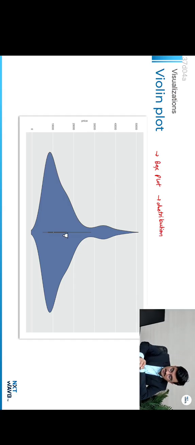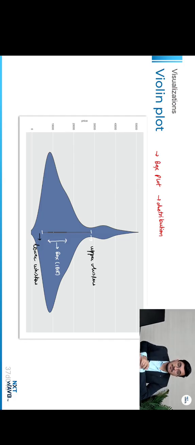So if you see in the middle around this area, this represents the box or IQR, while this value and this value represent the upper and lower whiskers of our data. So instead of looking at box plots and distribution plots separately, we can have the understanding of both of them by just using a violin plot.